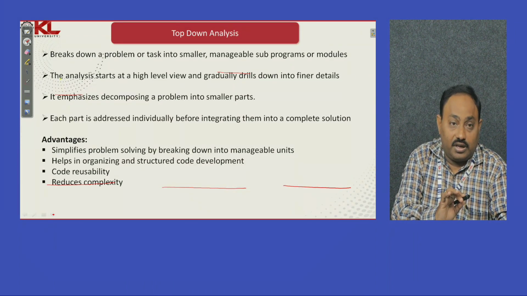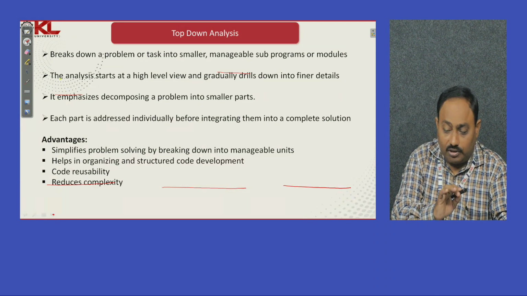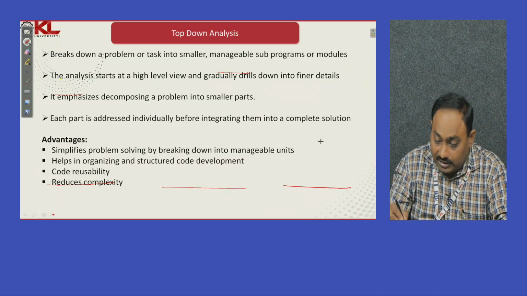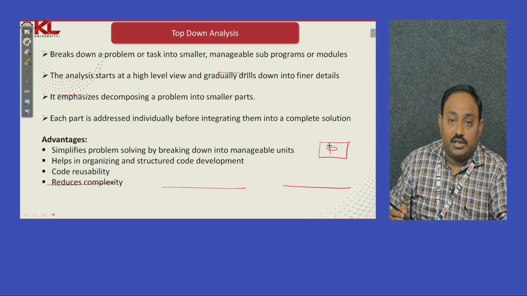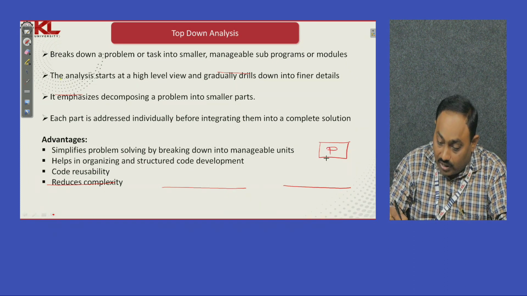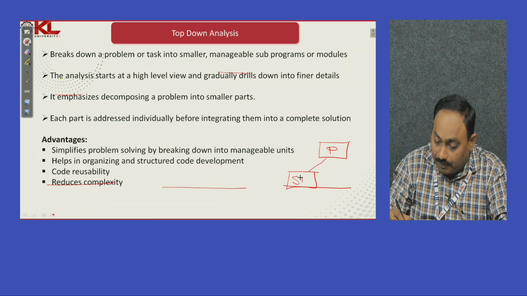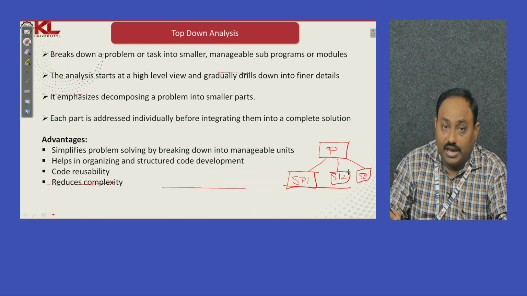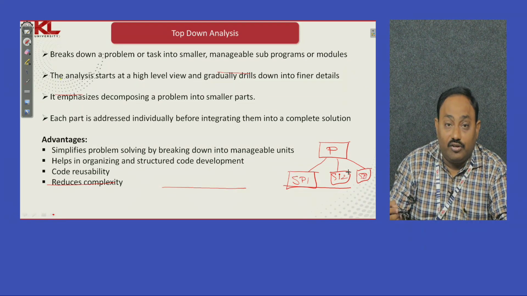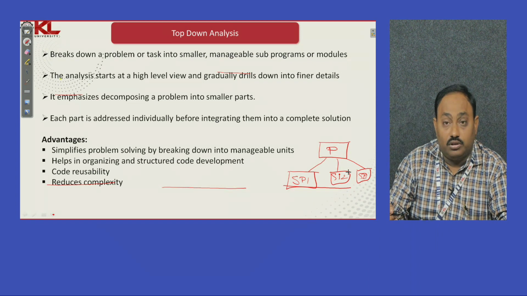So when there is a problem, for example, in top down analysis we divide the problem into smaller parts like sub problem 1, sub problem 2 and sub problem 3. We are not going to define the solution all at once. We are going to break down the problem into sub problems.